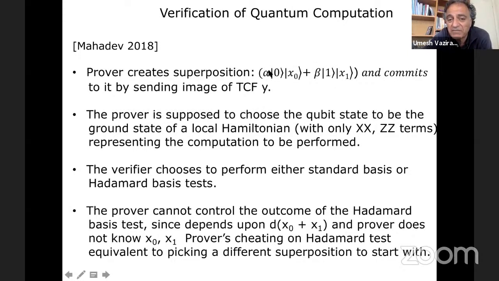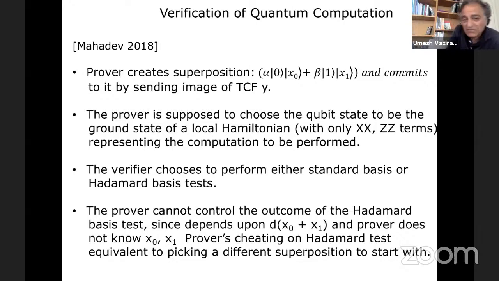So by starting with alpha 0 superposition over all x, beta 1 superposition over all x, computing f of x, measuring to get y. And now this y in some sense commits to this superposition over 0 and 1.